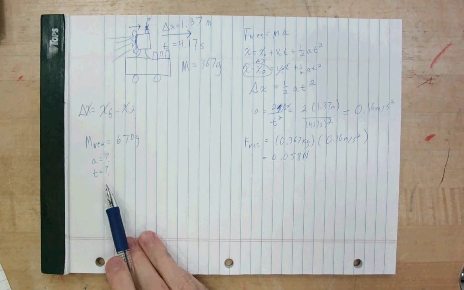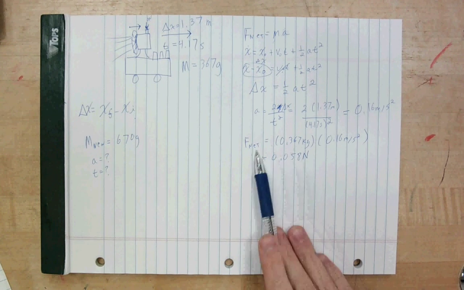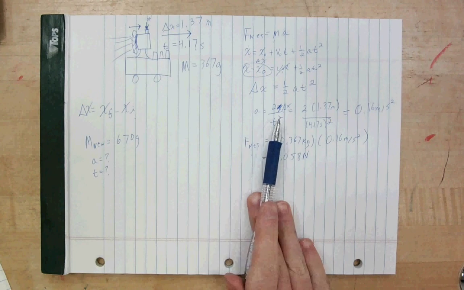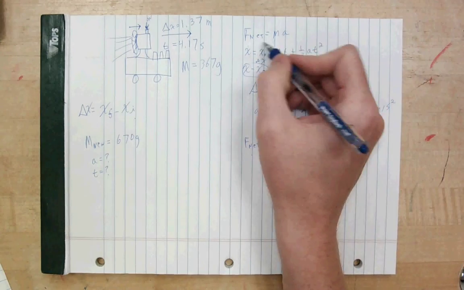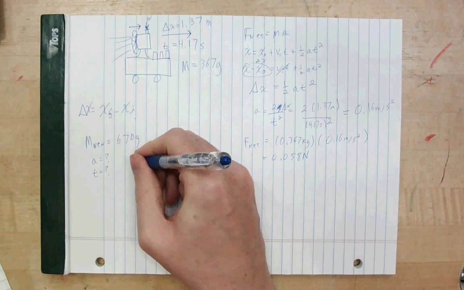If I wanted to find that time, I can just do this problem backwards. I could take my net force, divide by my new mass to get a new acceleration. In fact, let's go ahead and do that. So using F net equals ma, if I want acceleration, I divide by mass.